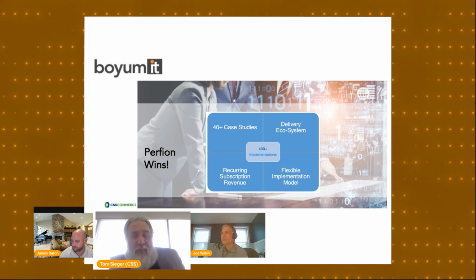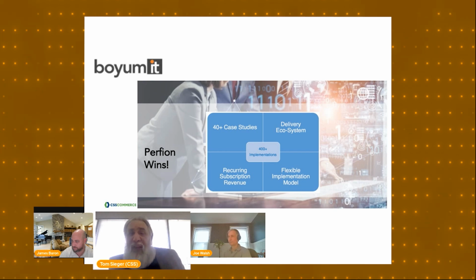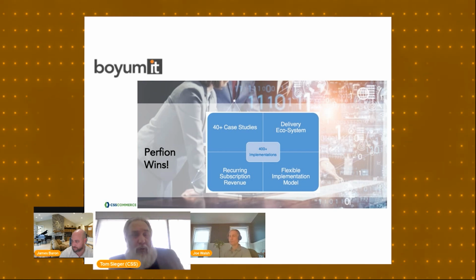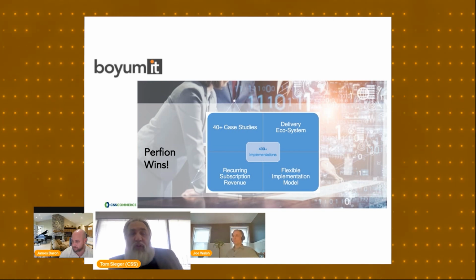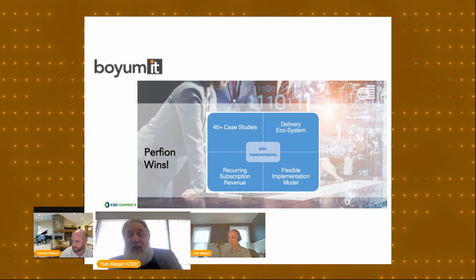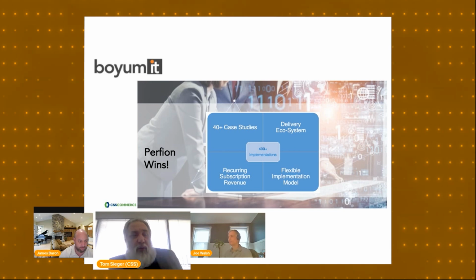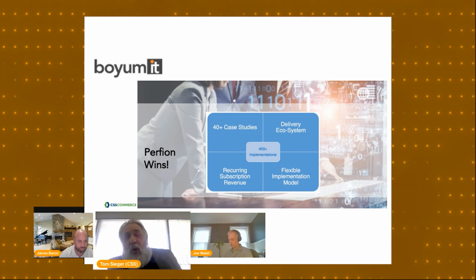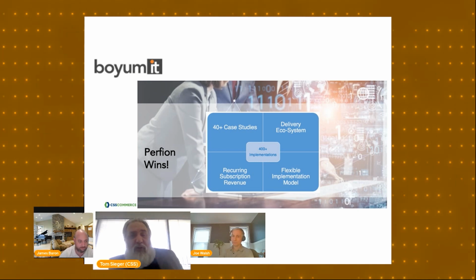And there's, as we said before, a flexible implementation model. By flexible, I mean flexible to you as the existing Boyum partners in the SAP space. We're willing to work with you in whatever way you need us to, whether that's doing a demo, doing some pre-sales work on the front end, which of course we provide free of charge to the Boyum network, or whether that turns into an actual sale that requires some implementation services.